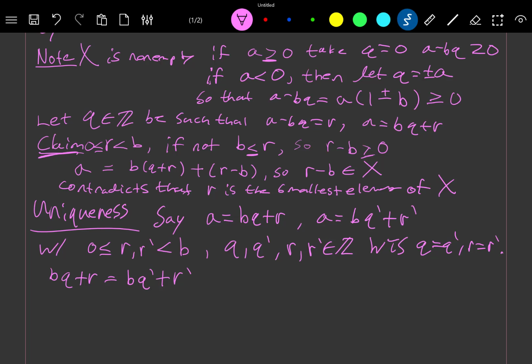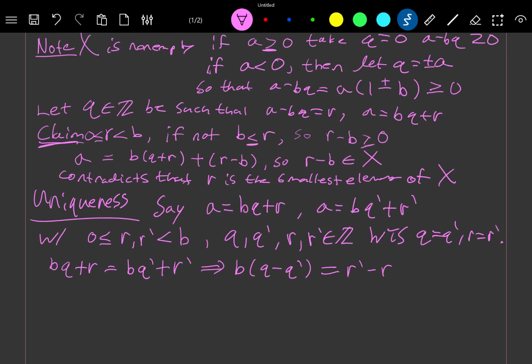And this tells us that B times (Q minus Q prime) is equal to R prime minus R. What does this tell us? This tells us that B divides R prime minus R.